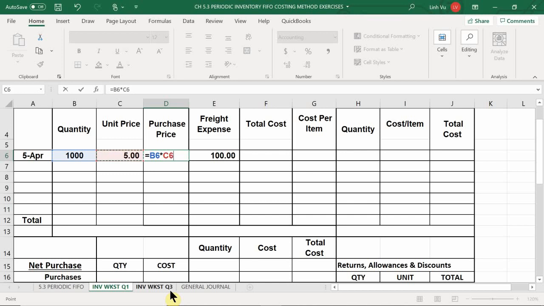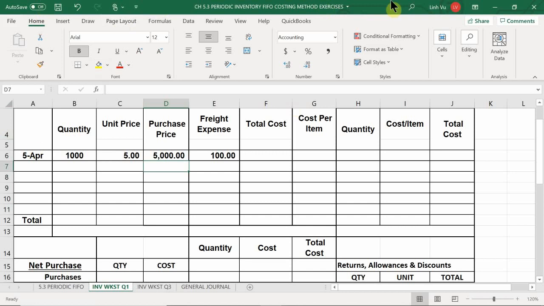It's going to be cell E6, multiply, which is the star, my B6 times my C6. Of course, in order to activate your formula, you need to start off with an equal sign. When you're done with your formula, you use your enter key. Therefore, I get a grand total of $5,000 for my purchase price.